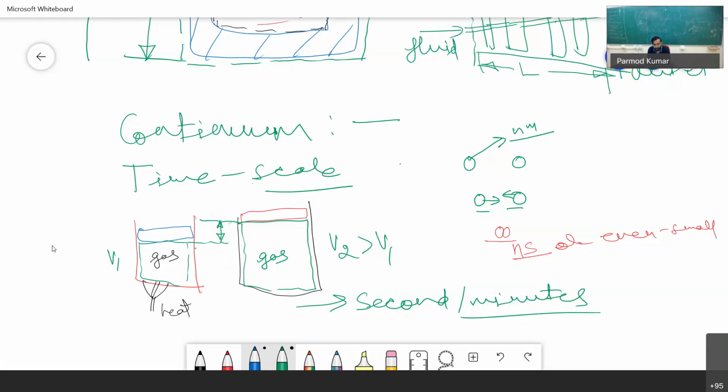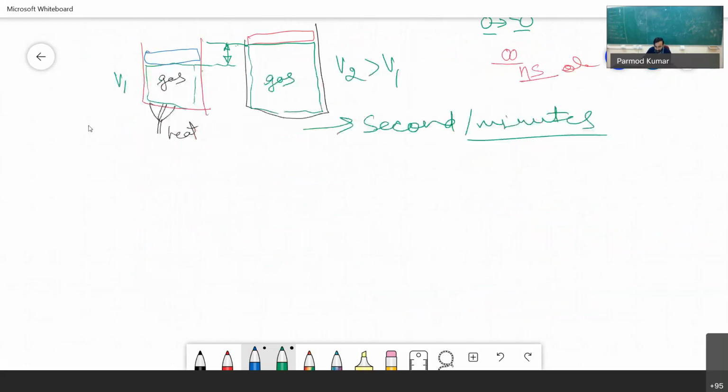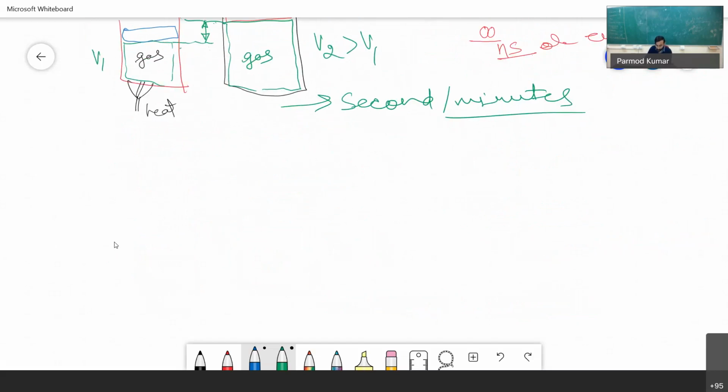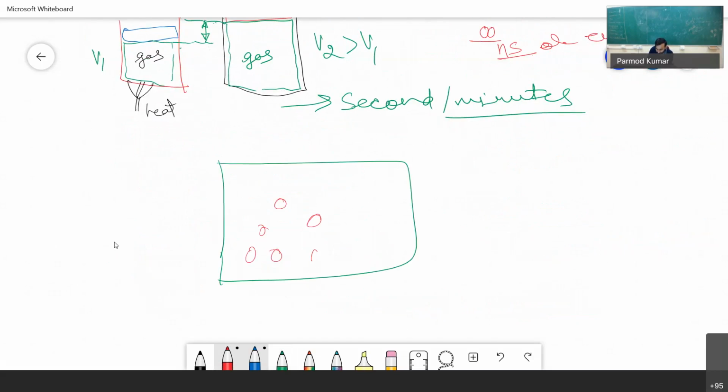So bulk property, I think it should now be clear to you. The idea is that at the molecular level, we will not be having constant property everywhere. For example, at the molecular level, we will be having a number of molecules, and in between molecules we will be having large voids.